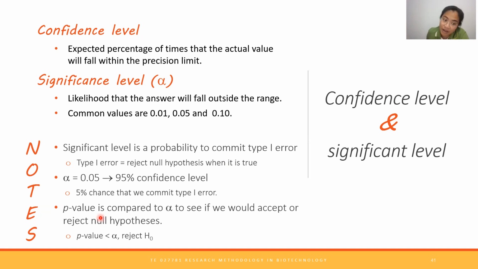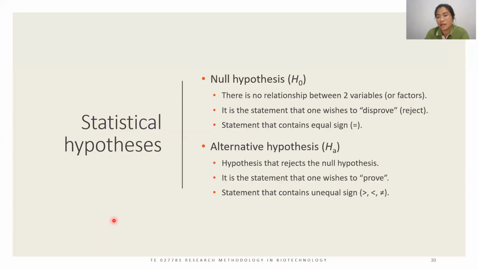So if your p-value is less than alpha, you reject the null hypothesis. Rejecting the null hypothesis means that you reject that the factor has no effect.